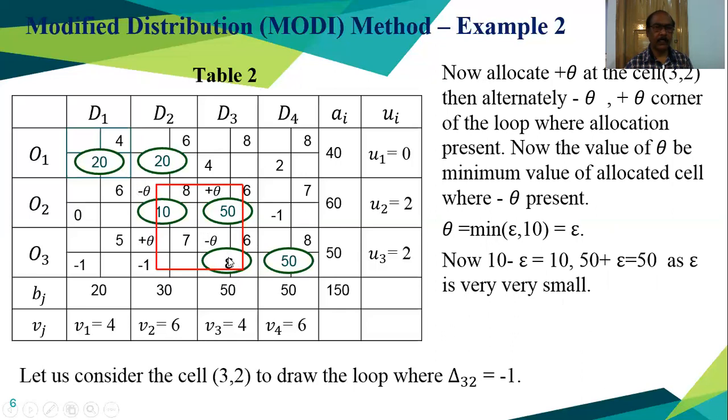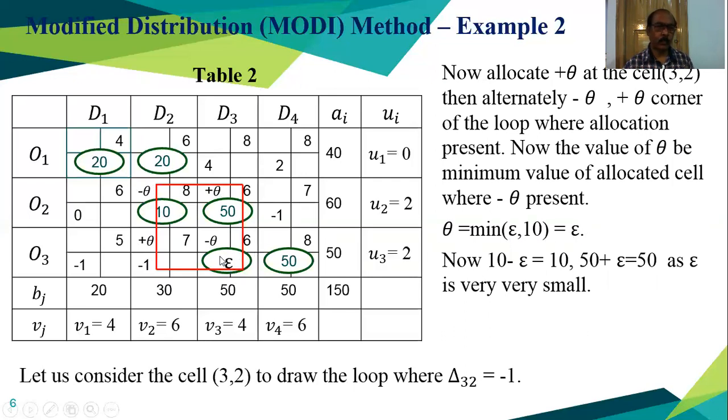Here is the minus theta, here is the minus theta. So the value of theta will be the minimum of 10 and epsilon. Epsilon is very, very small. That's why the minimum of 10 and epsilon will be epsilon. So theta equal to minimum of epsilon and 10 is equal to epsilon.